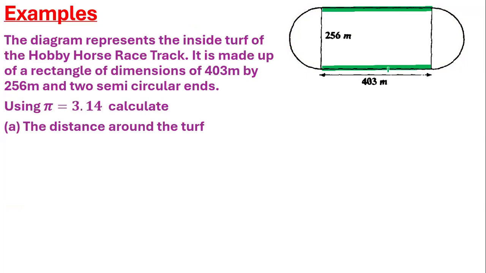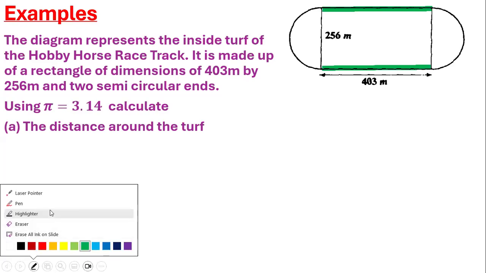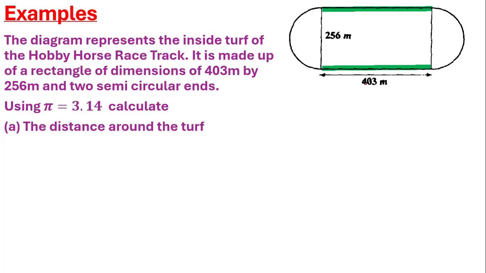If this side is 403, what's going to be the distance of this side? 403. Very good. And so since this side is 403 meters, this side is also going to be 403 meters. It's a rectangle. Okay. So we got that.